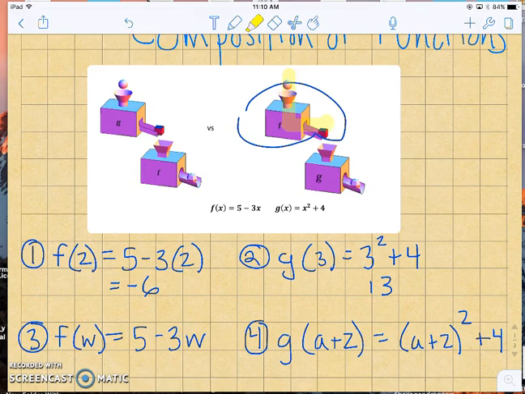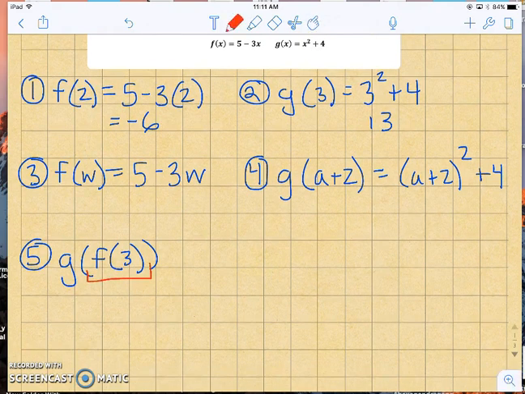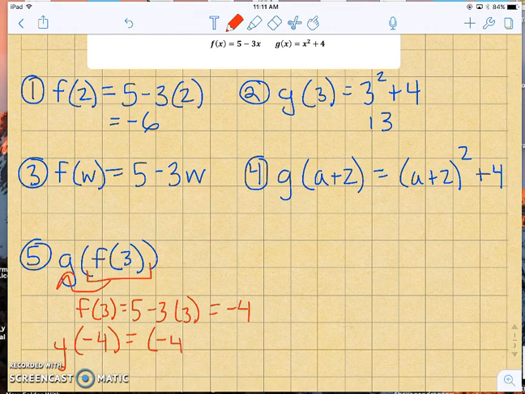Whatever comes out goes straight into the next machine. So f of 3 equals 5 minus 3 times 3, which is negative 4. Drop negative 4 now into the g, so g of negative 4, and we end up with negative 4 squared plus 4, so we end up with 20.